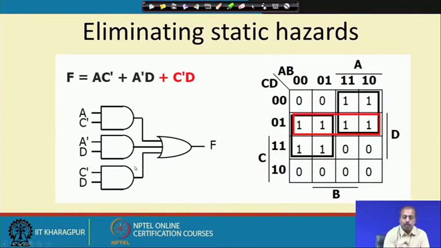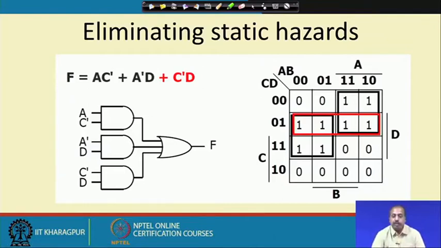The problem occurred because for some amount of time A and A bar both were equal to 0. As a result, both inputs of this OR gate were 0, but the C bar D term has been added. So, C bar D does not make a change; it holds the value at 1. You will be getting a 1 if we change the input combination like that.